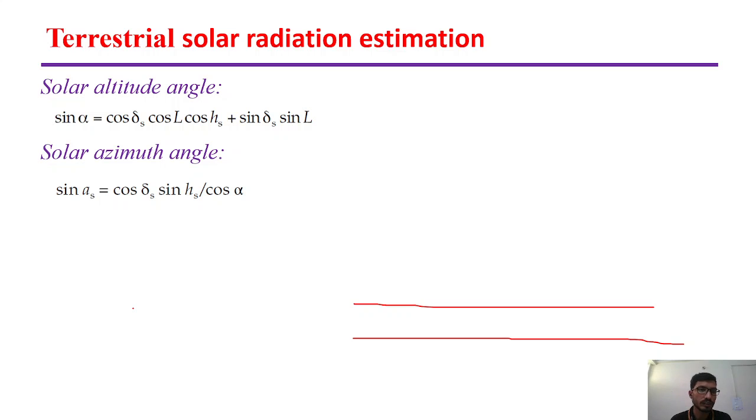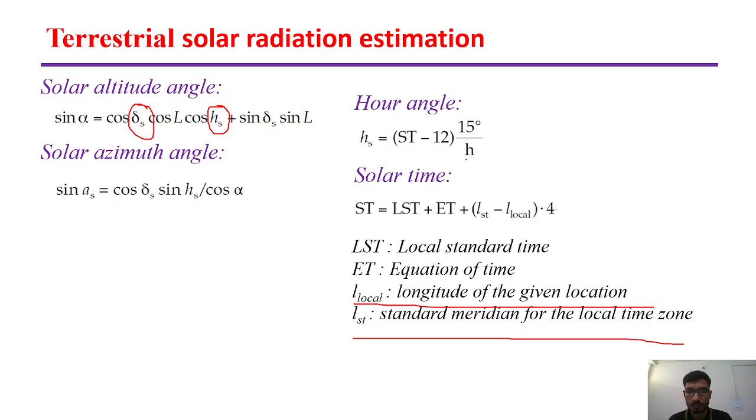Okay, so let's calculate first the solar altitude angle and solar azimuth angle. The solar altitude angle, sin alpha, is a function of the solar declination angle and the hour angle. The hour angle can be calculated based on the solar time: HS is equal to ST minus 12, times 15 degrees per hour.